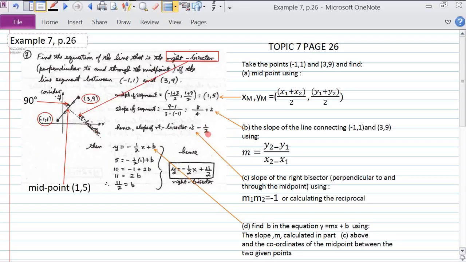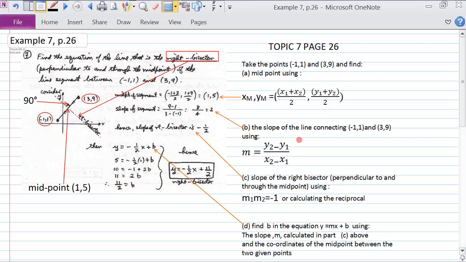We want to find the equation, so we know y equals mx plus b, but we don't know the value of b. We can find b by substituting 5 for y and 1 for x into the equation. And that's when we find b is equal to 11/2.